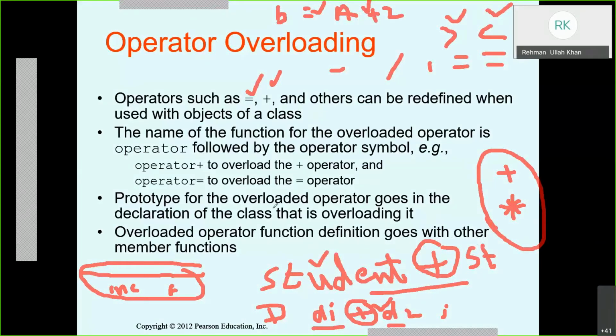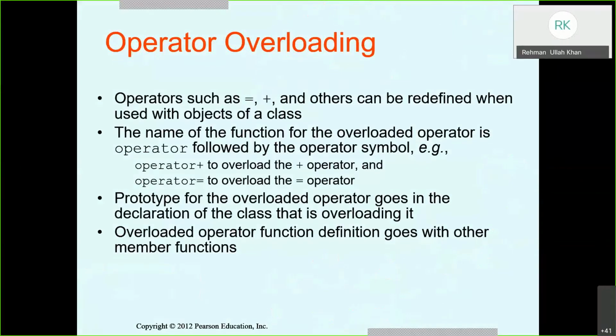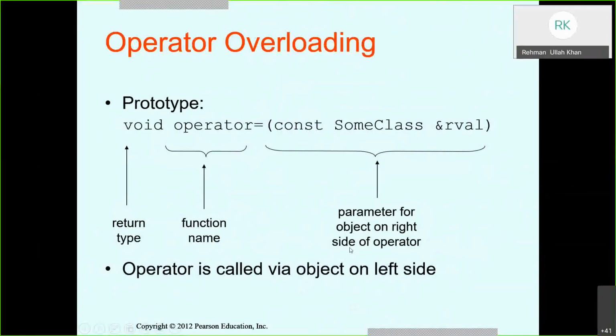So we can redefine all the operators to be applied on the new classes and new objects. This process is called operator overloading, and we can overload most of the C++ operators. There are some operators that we cannot overload.